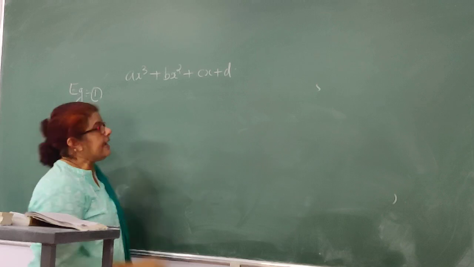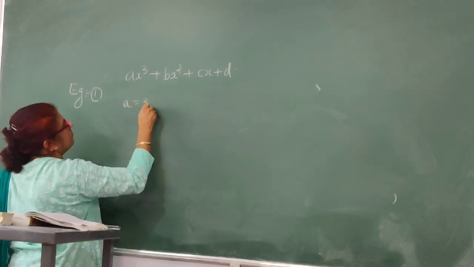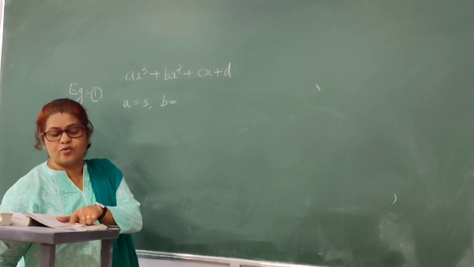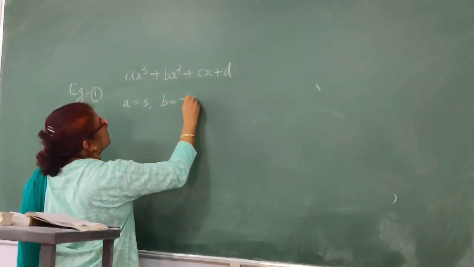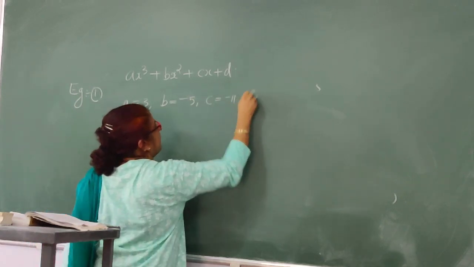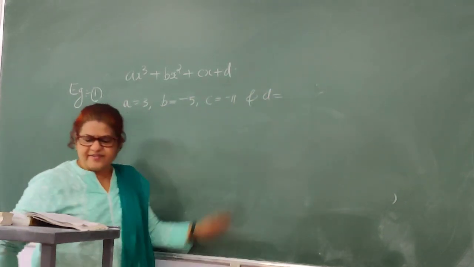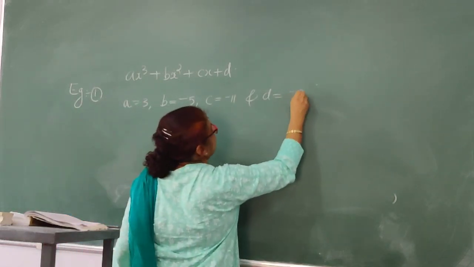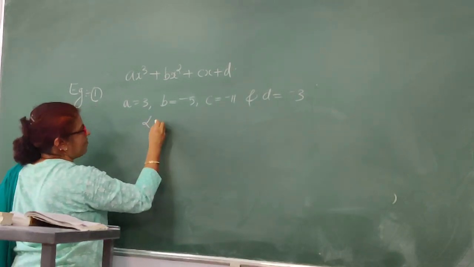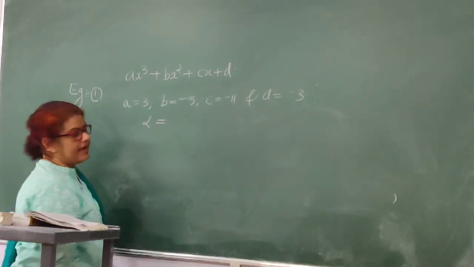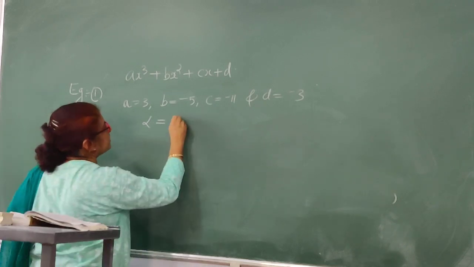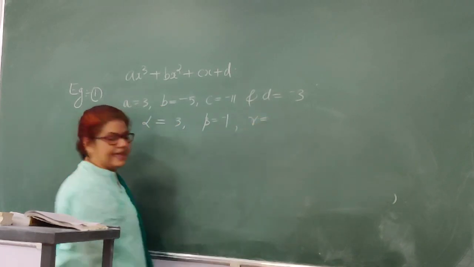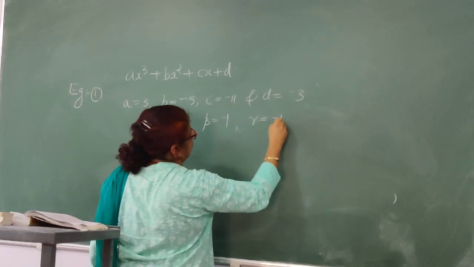We got A equal to 3, B equal to minus 5, C equal to minus 7 and D equal to minus 3. And we have verified the zeros: alpha as 3, beta as minus 1 and gamma as minus 1 by 3.